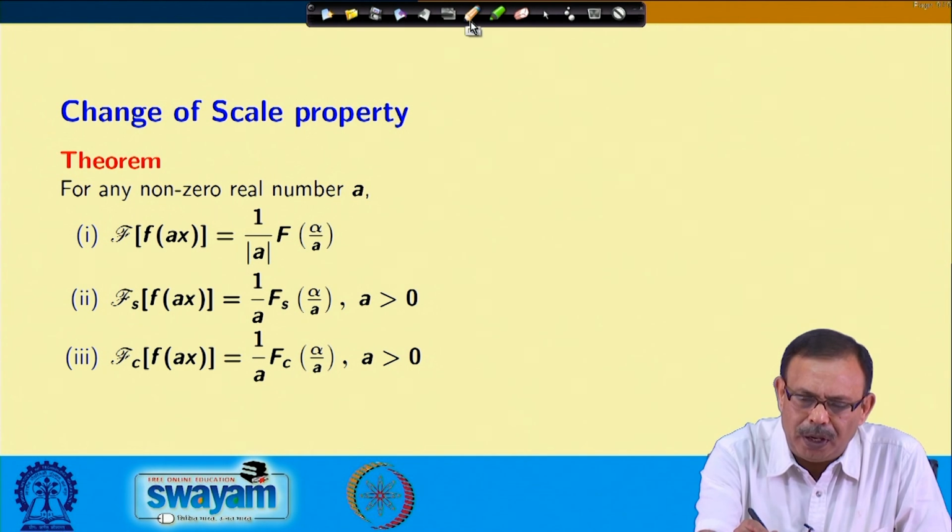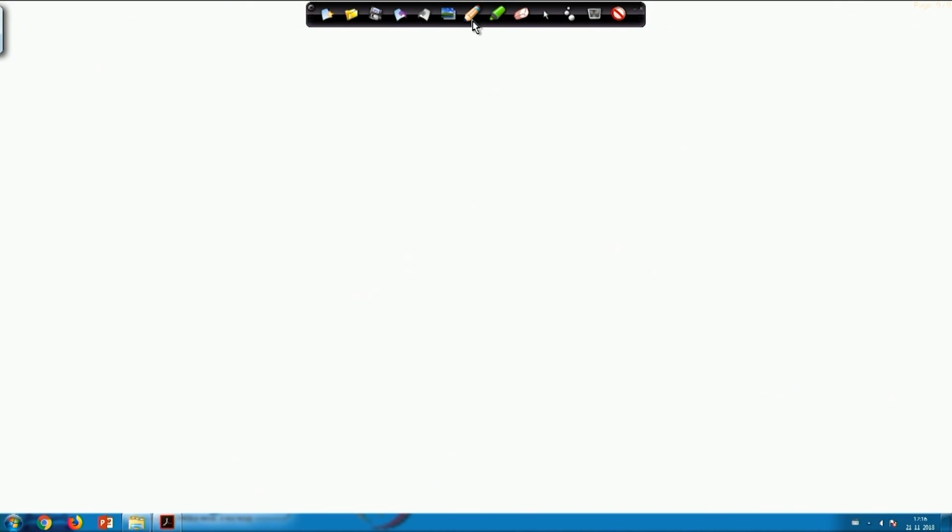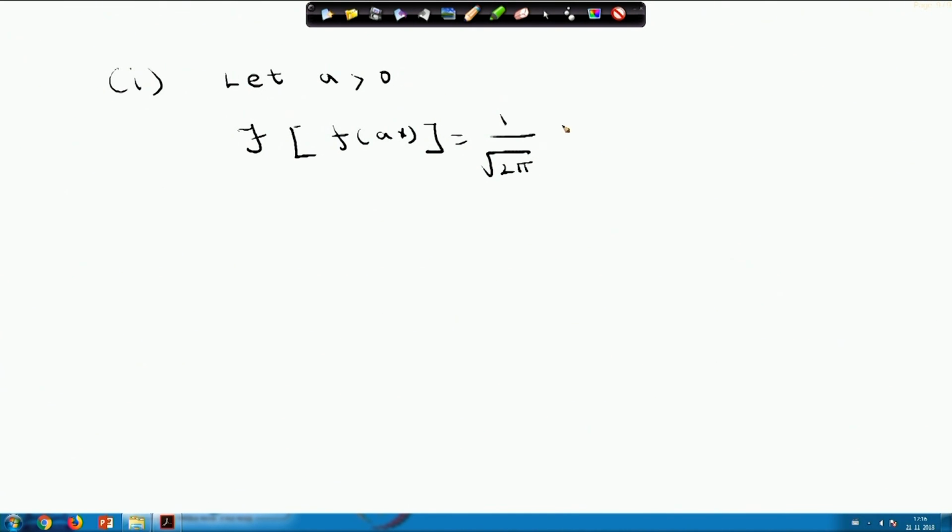So, again let us come to this one. For the proof of 1, I am assuming that a is greater than 0. Then the Fourier transform of f(ax) equals 1 by root 2 pi, integral from minus infinity to infinity f(ax) into e power i alpha x into dx.